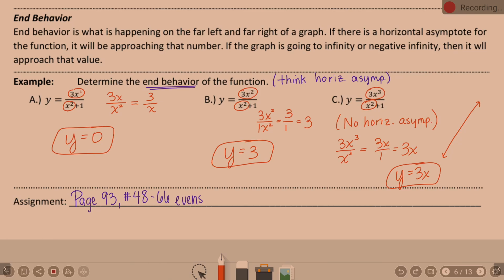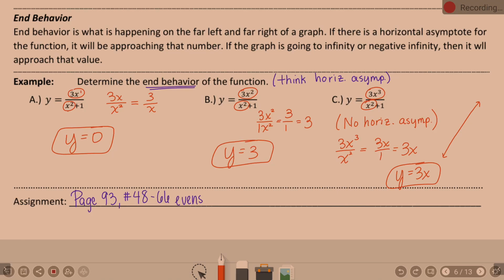Now, if we look at this one real quick, graphing the original function, 3x to the third over x squared plus 1. You have what kind of looks like a slanted cubic graph in a way, yes?